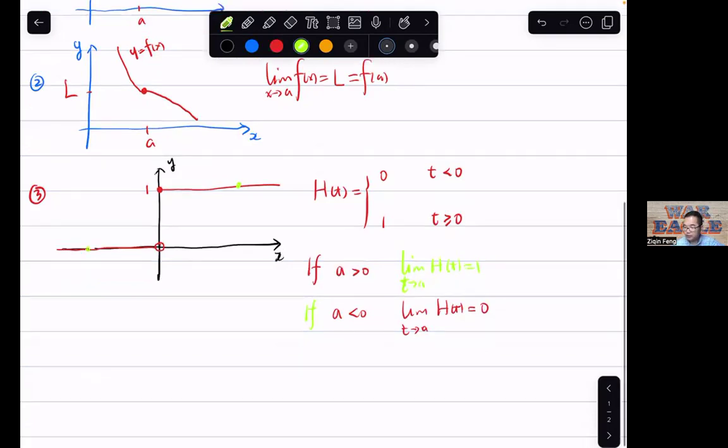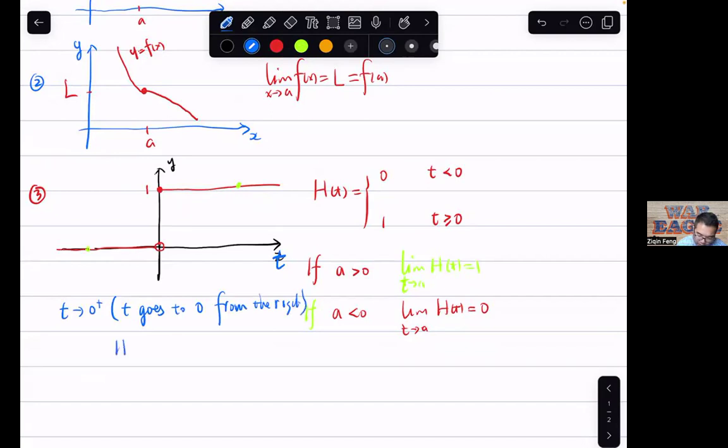Now, if you look at 0, that's something different. As t gets closer and closer to 0, this is our t, sorry, our variable is t, not x. As t goes to 0 on the right side, that's the notation for t goes to 0 from the right, h of t is always equal to 1.